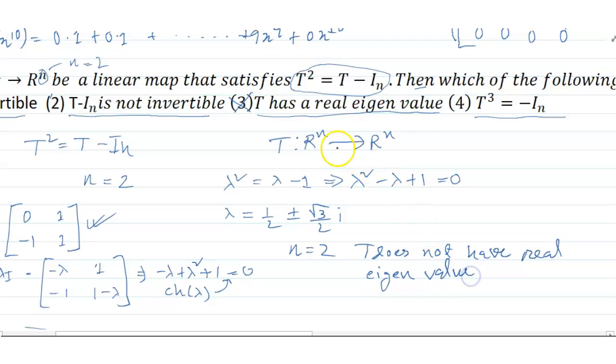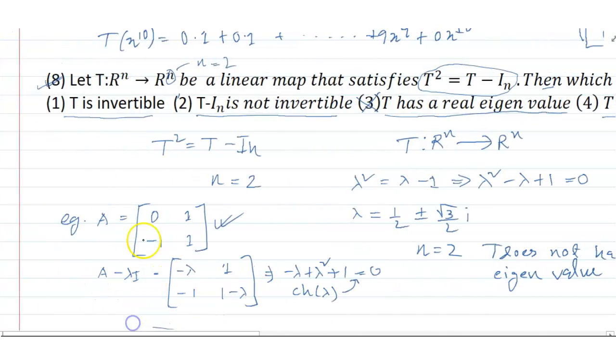So this is the first option. Third option is correct and wrong. Another portion is T is invertible. T is invertible, friends.